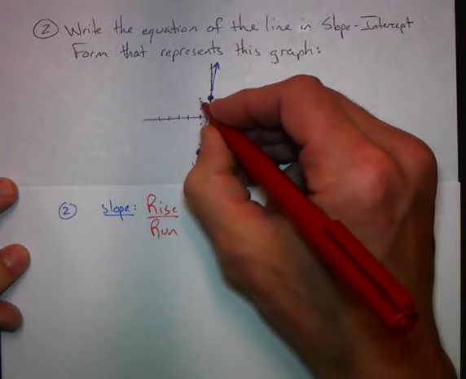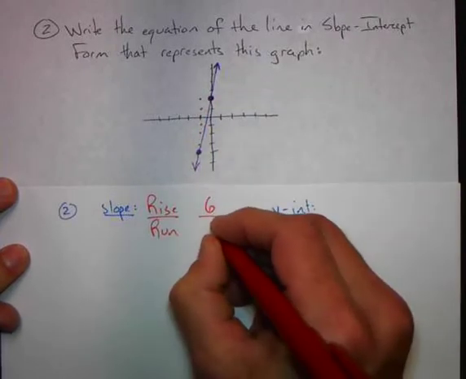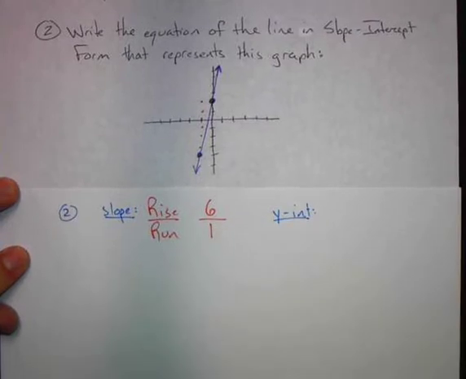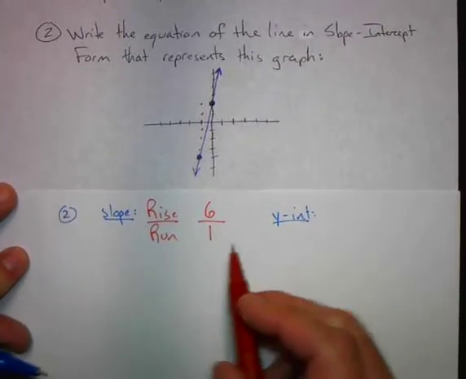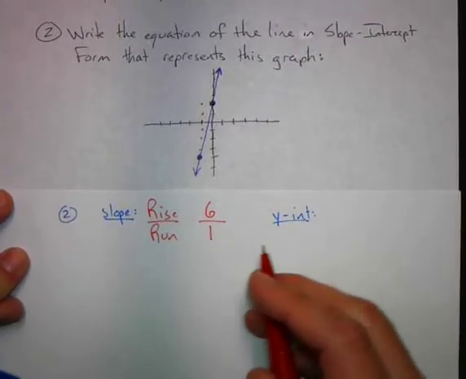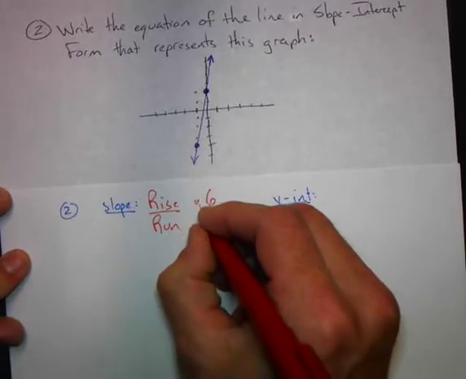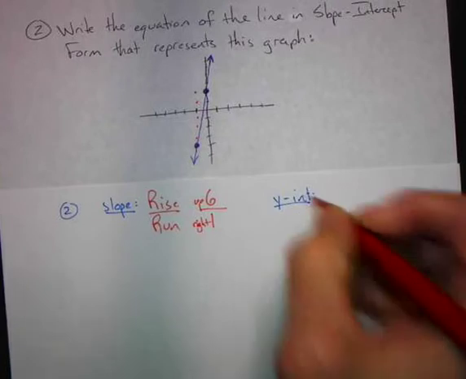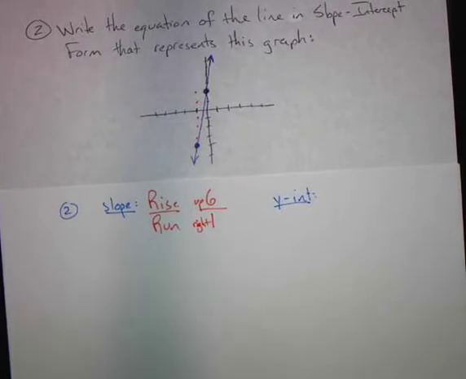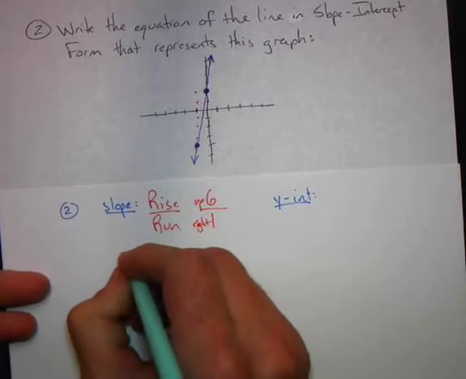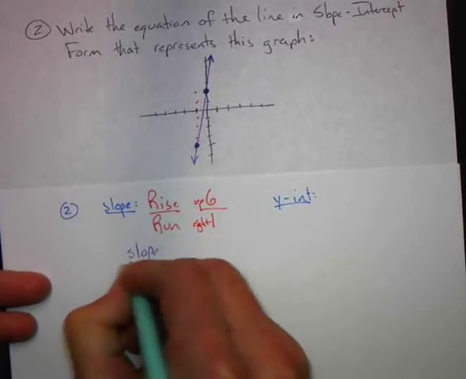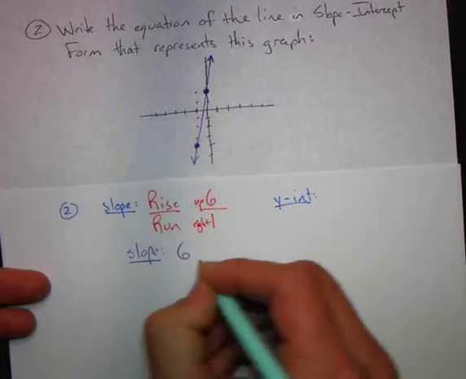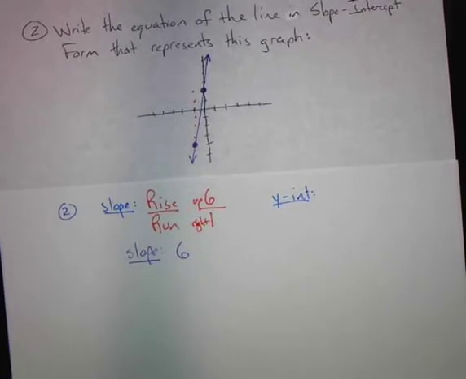So it went up 6, to the right 1, and to the right means it's positive 1. So for the rise, we went up 6. For the run, we went right 1. There is our slope. But remember, we always simplify our slope. So the slope is 6 over 1, which is 6.